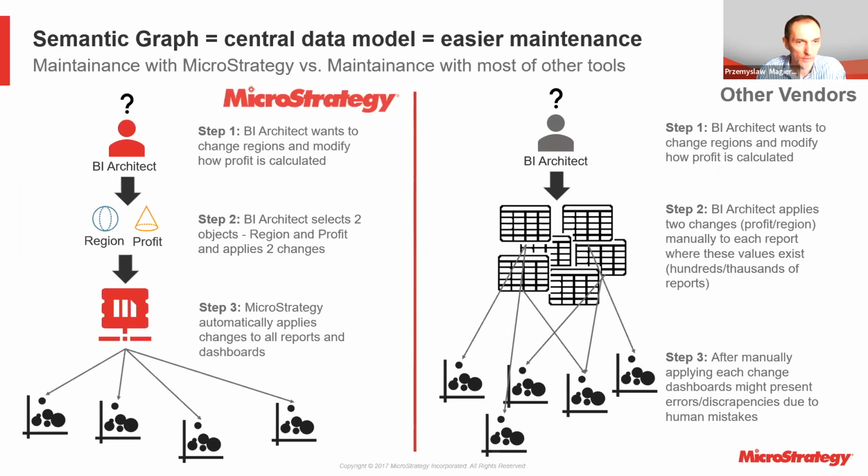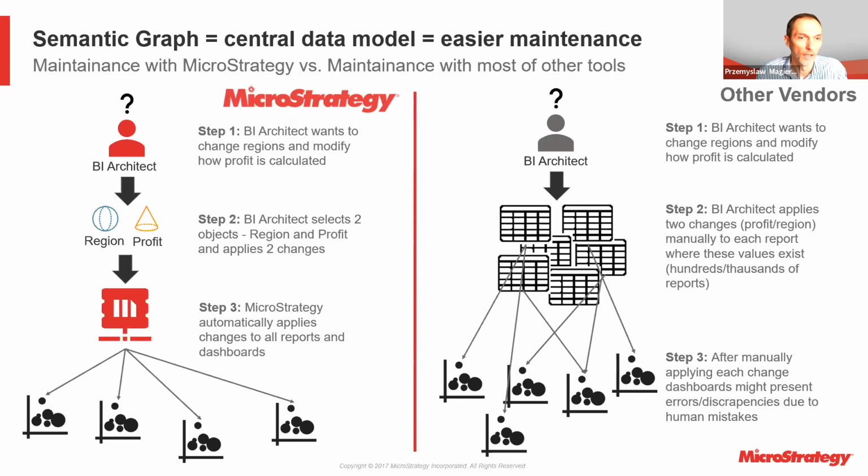So let's assume that you want to change, for example, the definitions of regions and modify how profit is calculated. So what happens in MicroStrategy? Typically, you need to select two objects, basically the object of region and the object of profit, and apply two changes. So for each, only one change, right? And then MicroStrategy automatically applies changes to all reports and all dashboards.